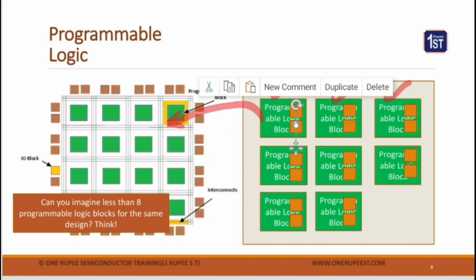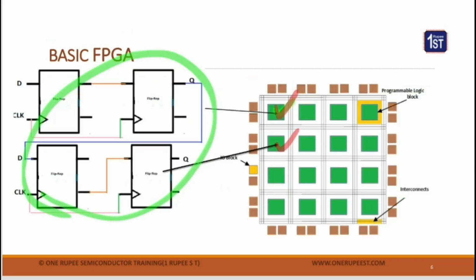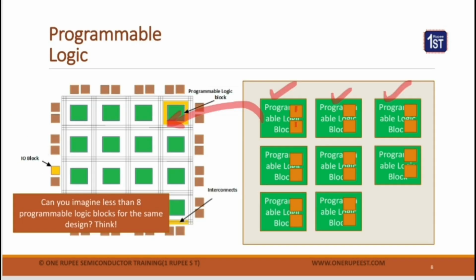As I have a single input D and a clock, I need a dedicated clock resource, a clock port, and one input D, with the final output Q.